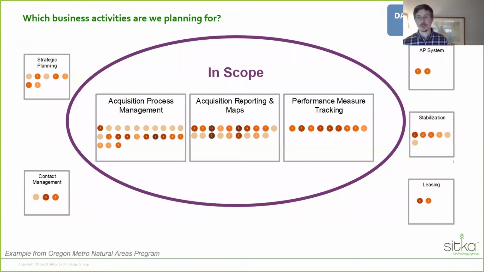For the systems that you do put out of scope, for example here, this is work we did with our original data diagnostic effort with Oregon Metro's Natural Areas Program many years ago. What we did here is help them draw out the scope to focus initially on their acquisition process, how they report that, and how they track performance measures around that. What we decided not to do was go figure out and talk to the finance group, who wants to talk to them, right?